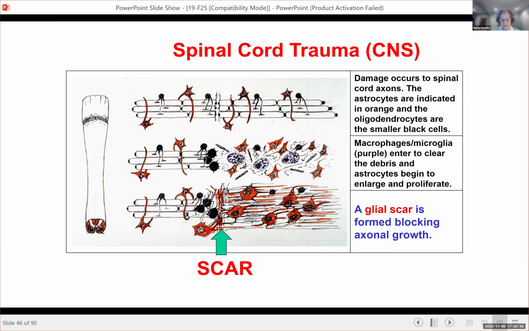So you have the clearing by the microglia and so on, but then the astrocytes make a scar tissue. And the presence of this scar tissue prevents the proximal stump of the axon from continuing to grow. So the astrocytes make the scar, and there's also a lot of inhibitors that prevent the growth of the proximal stump in the central nervous system.